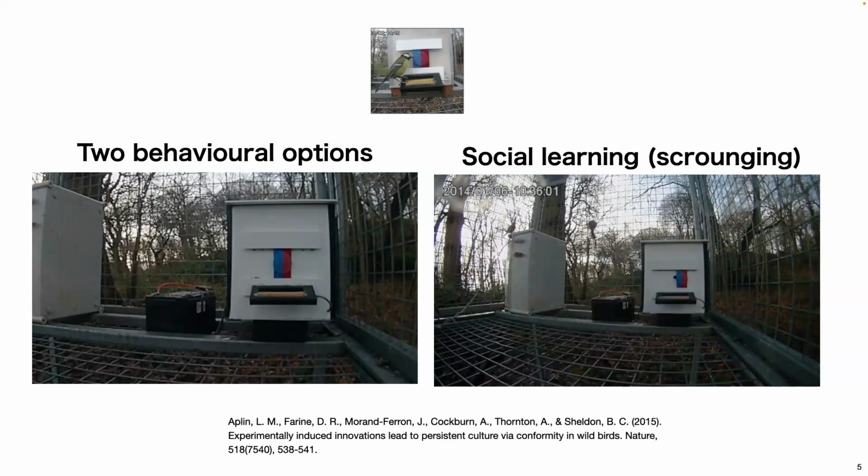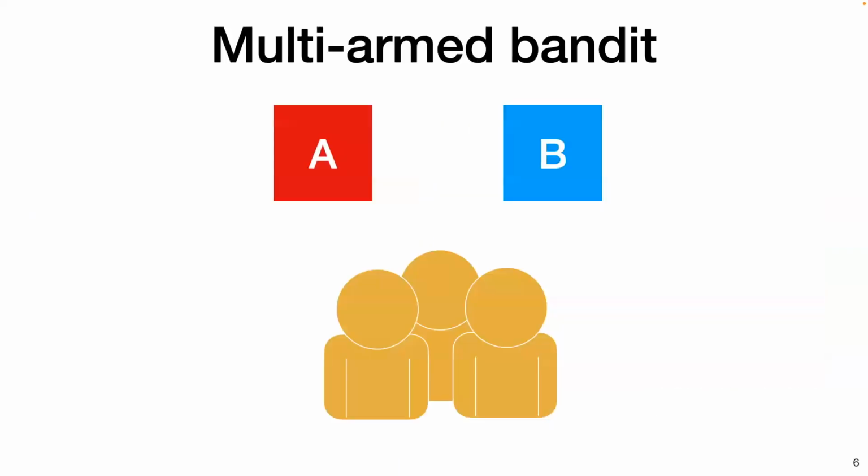So there are a bunch of experimental and theoretical works that are built on these types of discrete decision-making tasks, and these are, roughly speaking, categorized as multi-arm bandits. A multi-arm bandit is like a gambling or slot machine task.